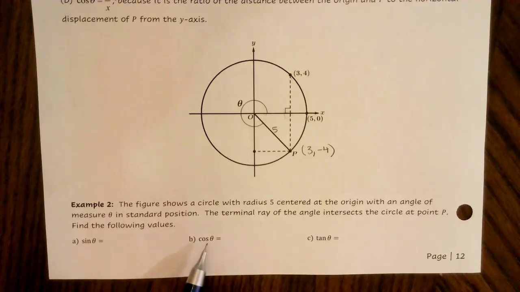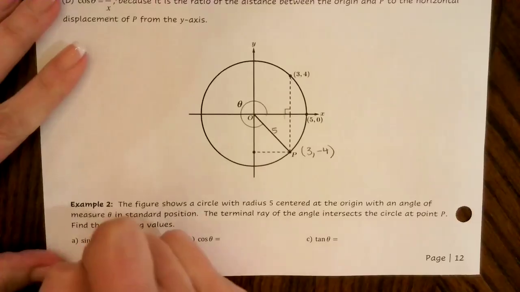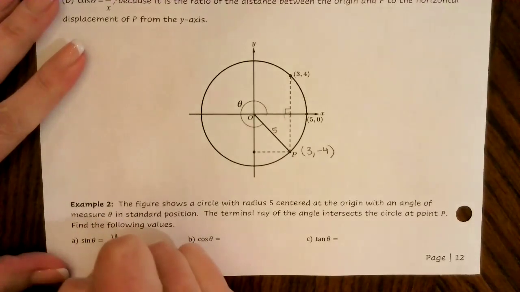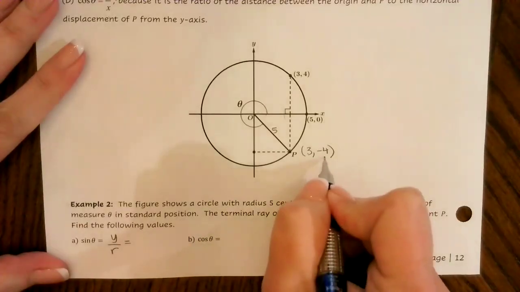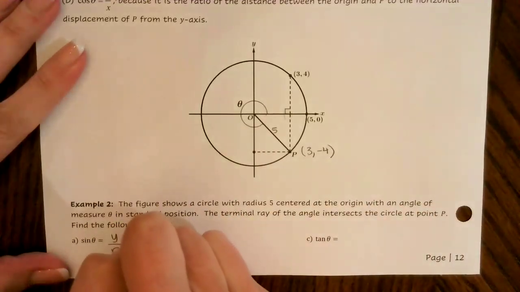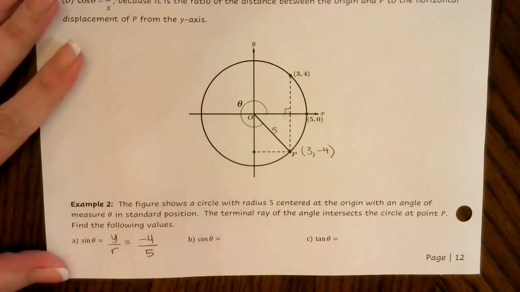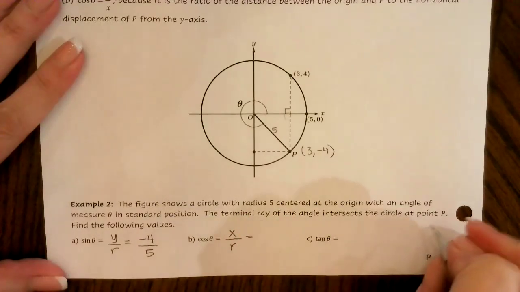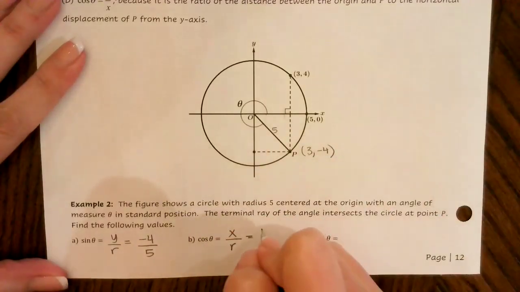So we are going to find the sine, the cosine, and the tangent. So we said the sine is our y over r. And so the y value there is -4, and the radius is 5. For my cosine, we said that's x over r. And so my x value is 3.